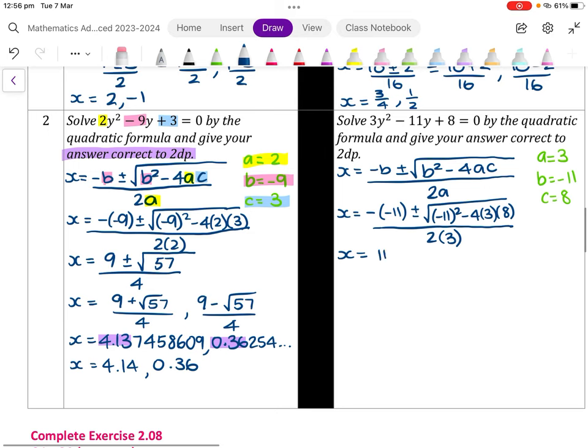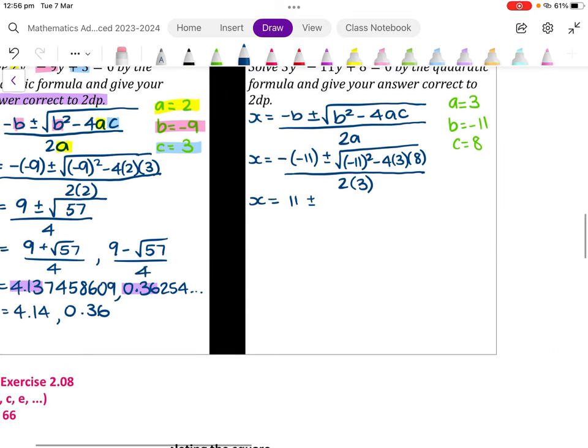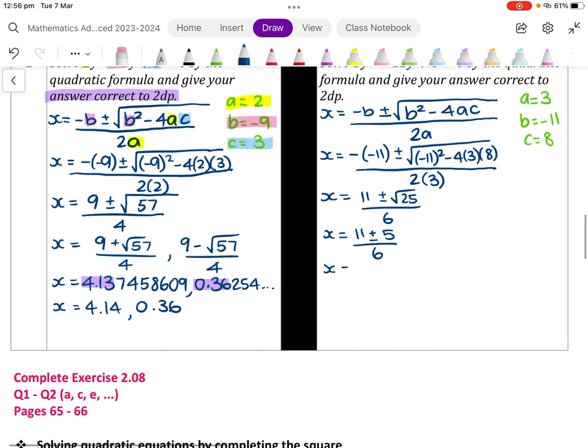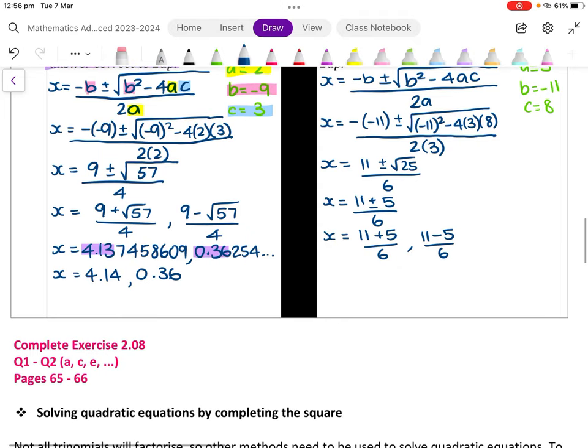So x equals 11 plus or minus the square root of 25 all over 6. We know that the square root of 25 is equal to 5, so we'll have 11 plus or minus 5 all over 6, which is equal to 11 plus 5 over 6 and 11 minus 5 all over 6.